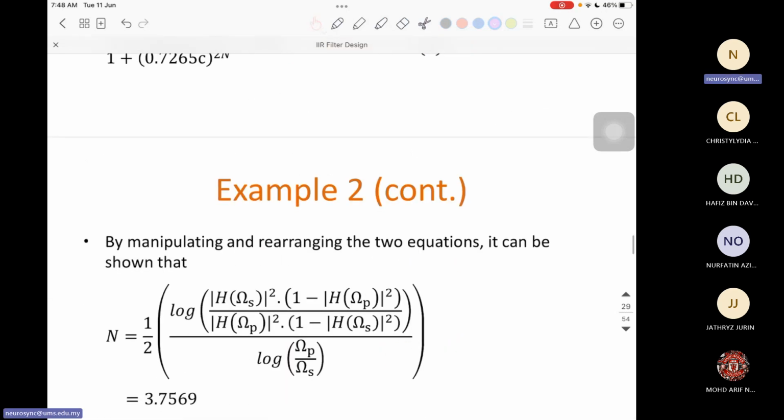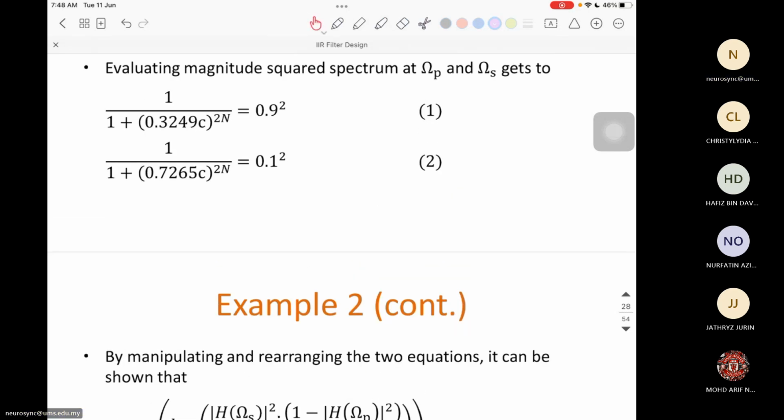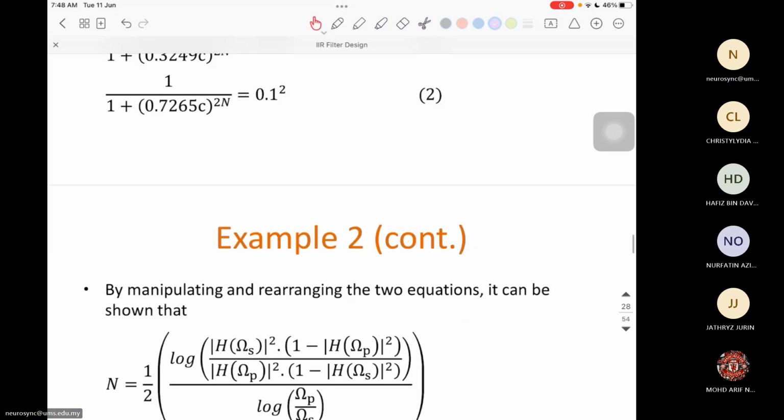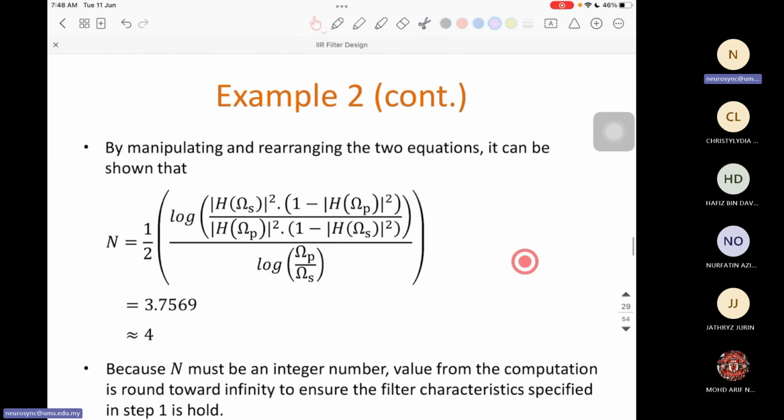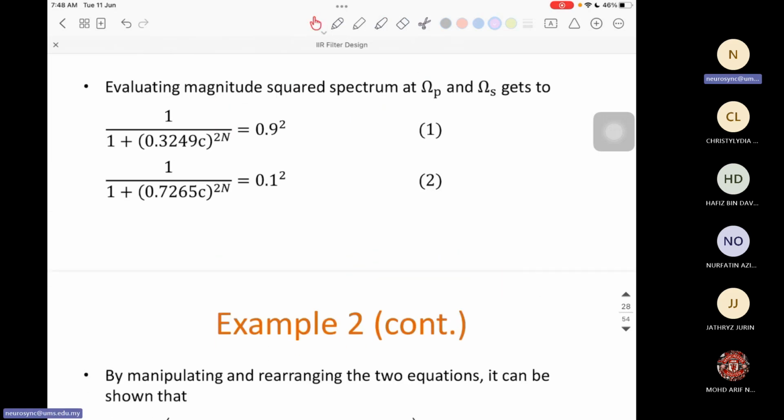Now to calculate the value of n. In this equation 1 and 2, what is the unknown quantity here? N and C. But to calculate n, we can use these two equations.